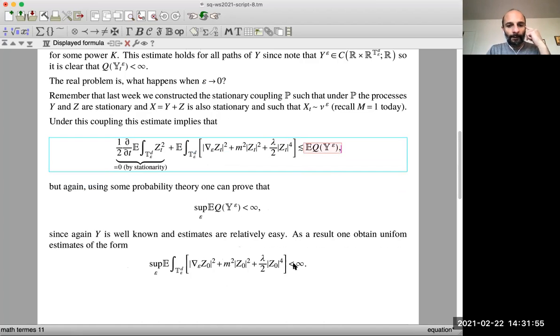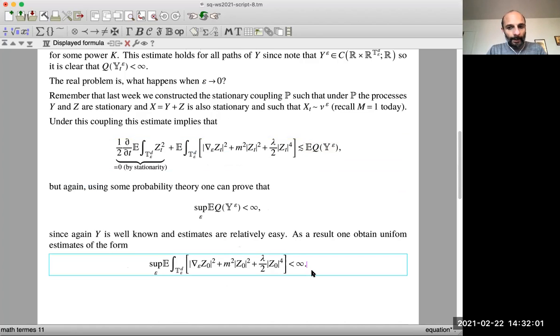And so you have this estimate under the stationary coupling. And you see, you're estimating z and you want to know x, but you already know y. So that's giving you all the information you need, okay? Because anything you want to know about x, you can construct with y and z, okay?